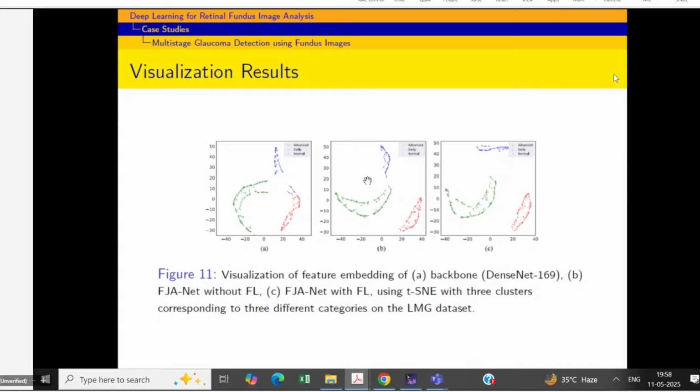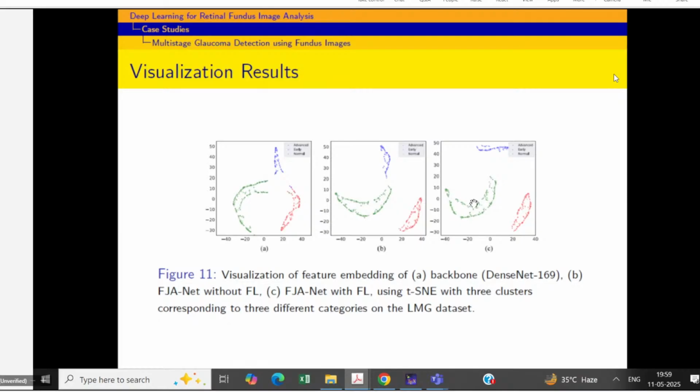If you look at this particular graph, it is also forming three clusters, and the results are a little bit better. There is a better separation among the three classes, though you can see a few samples of, let's say, the early category that basically come into the advanced category.